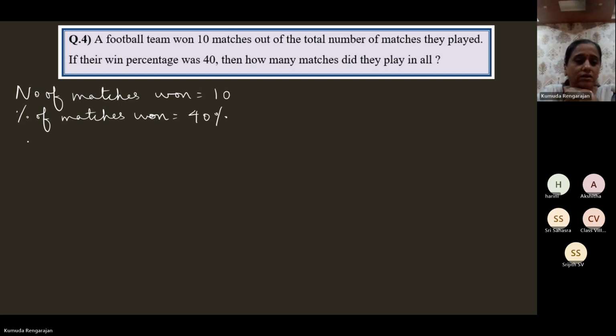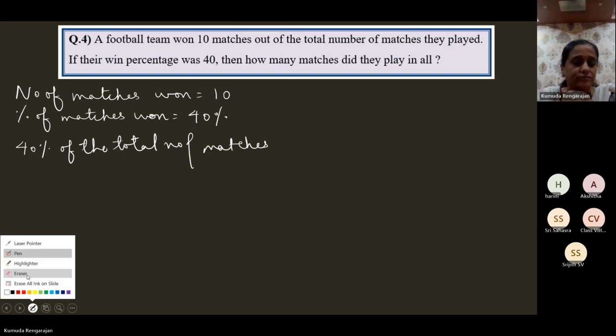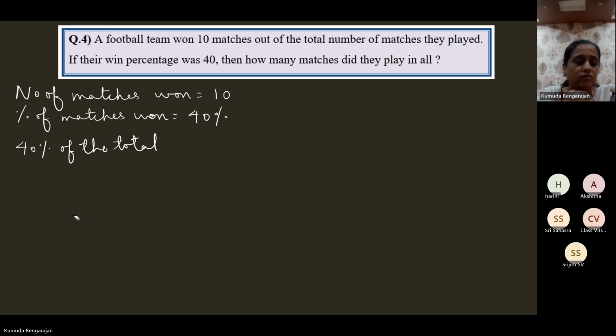So 40% of the total number of matches played, that is equal to 10.